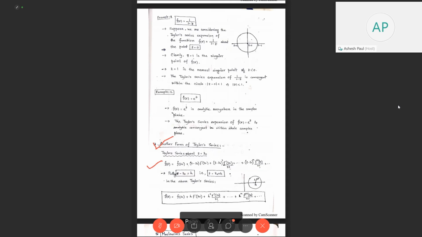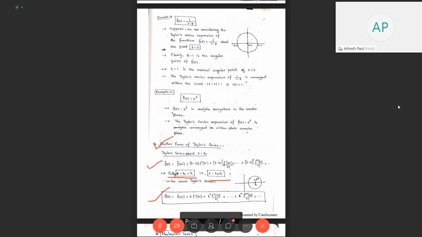Now in this Taylor series, if we put z - z0 equal to h, then z equals z0 + h.